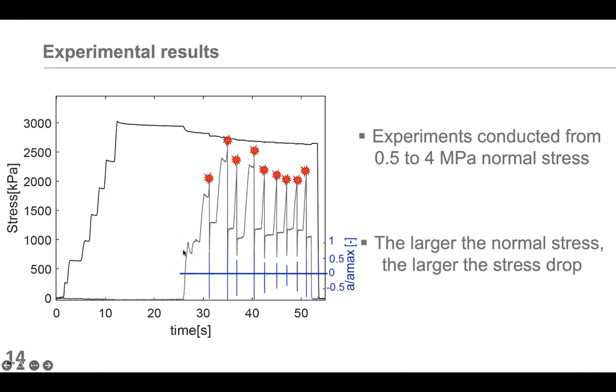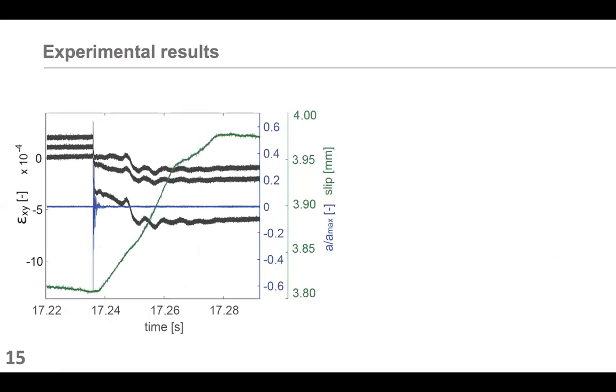And so if we increase again the stress after each event, we are able to induce different stick slip events. So we are able to mimic a kind of earthquake cycle at the scale of a very small experiment in PMMA. So now I'm showing you the detailed results of one single event.